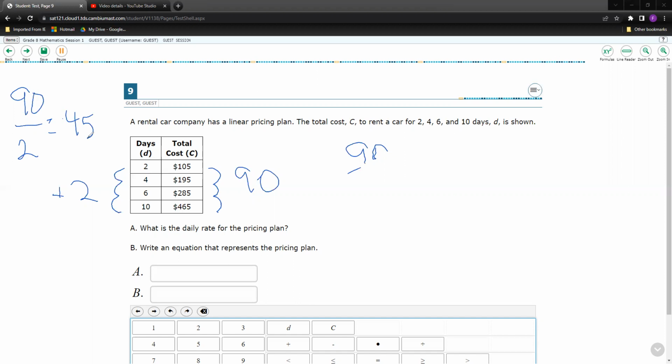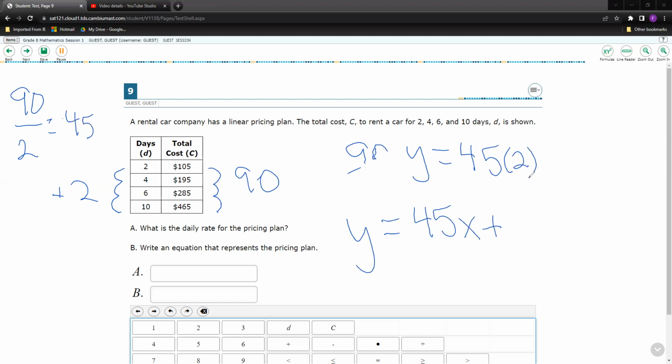Okay, so now we are writing y equals, or in this case C, whatever letter they use for y. C equals 45x plus my y-intercept. Let me do this: y is equal to 45 times 2.